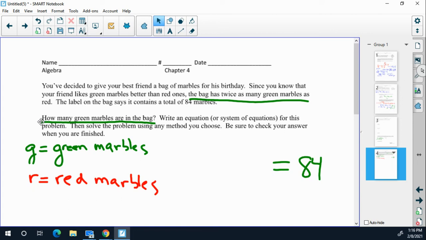Nina and her nickels is the other one. Yes, it is. So don't be tricked though, because it says the bag has twice as many green marbles. It also says, be sure to check your answer when you're finished.